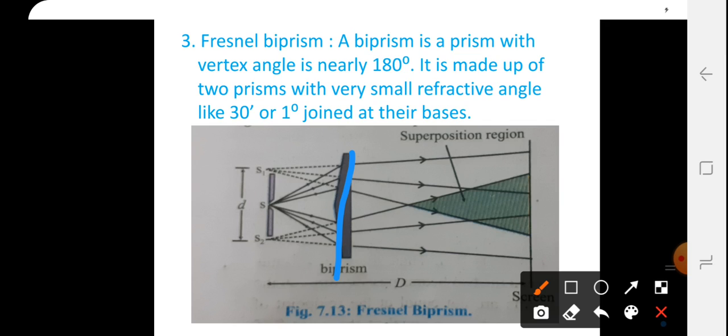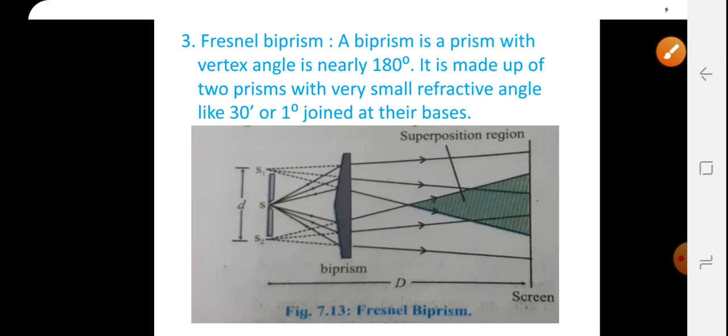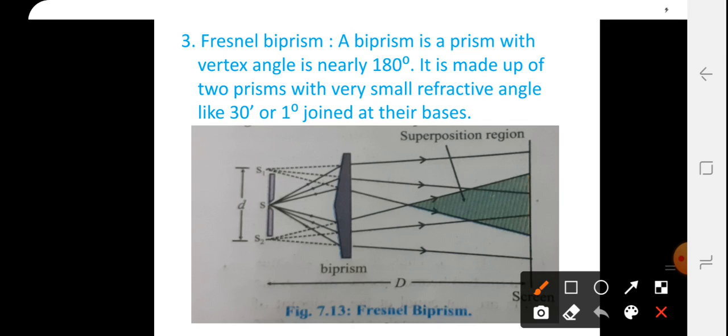Consider that we have these two light rays on the biprism. In the experimental arrangement, the refracting edge of the biprism is kept parallel to the length of the slit, and monochromatic light travels from the source and is incident on the refracting edges.